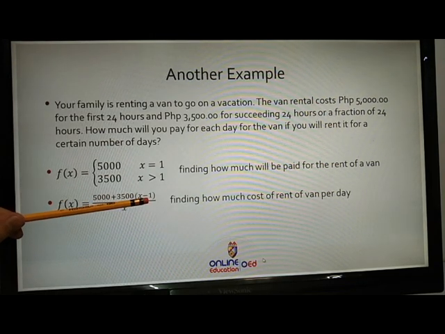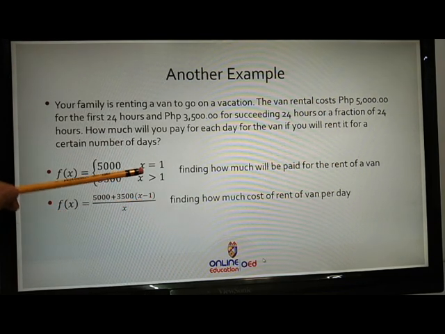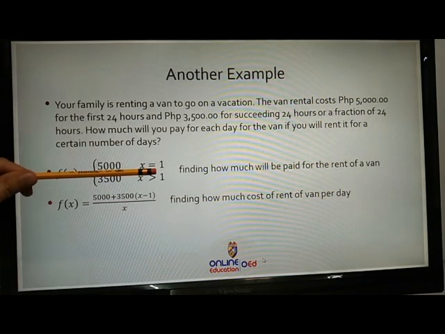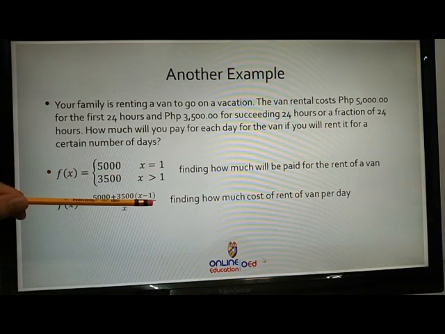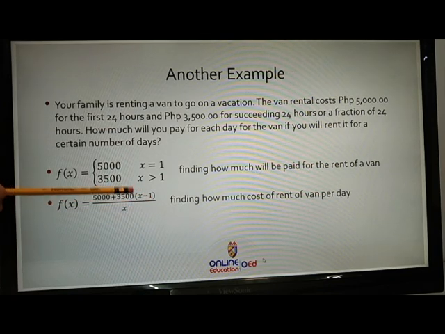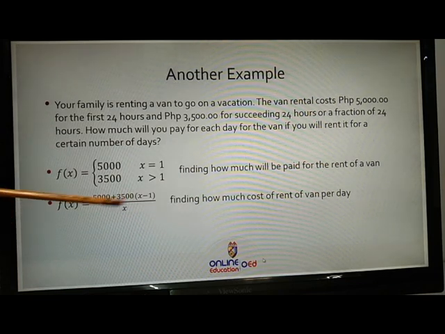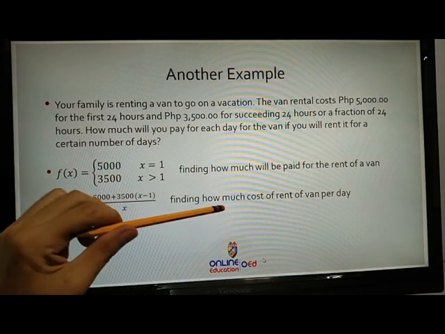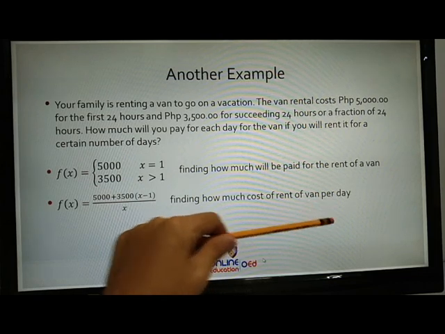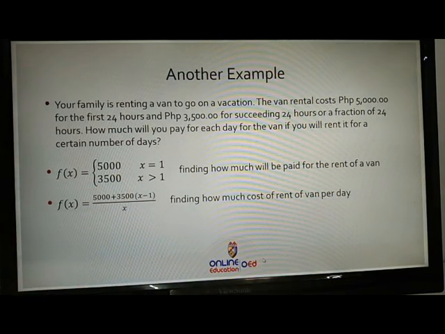So kaya siya may minus 1, dinededuct natin yung first day na payment. So magkaiba yung presyo ng first day payment sa succeeding days payment over total number of days rented. Okay, so that's how you find how much cost of rent of van per day.